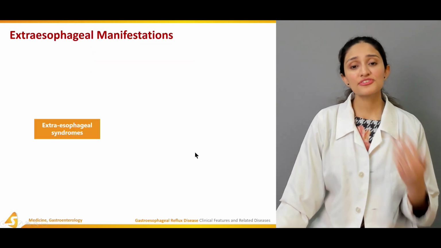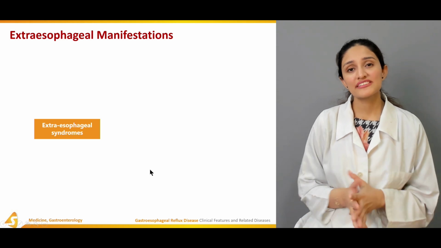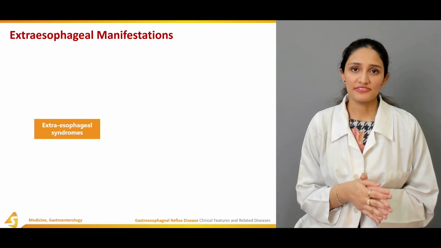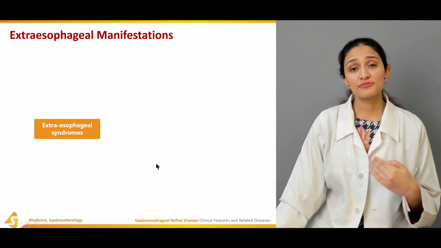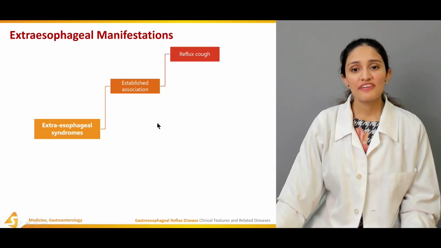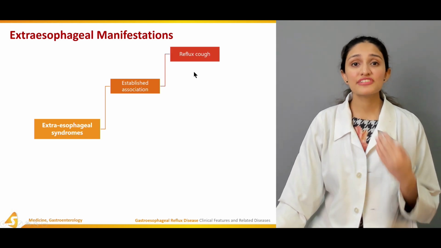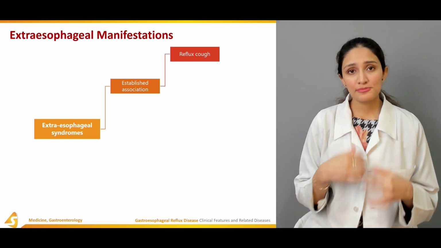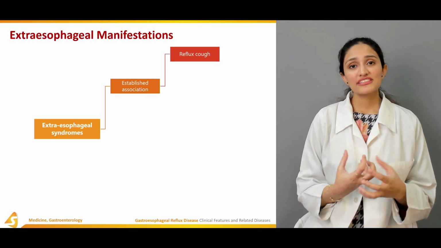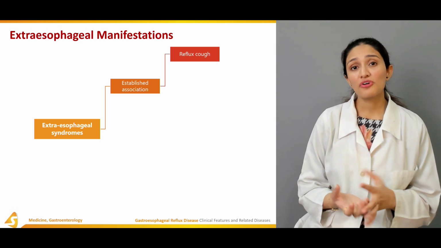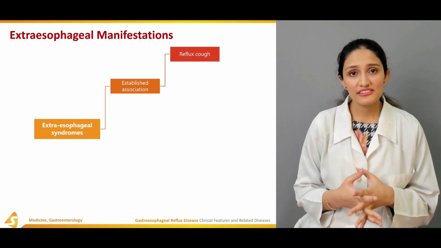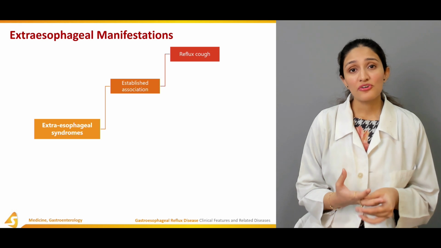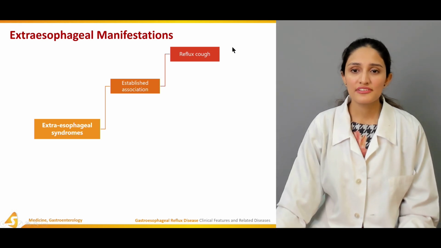So if we talk about the extra-esophageal syndrome, that means symptoms that are not purely related to the esophagus, symptoms that could involve other systems. An established association is reflux cough. Reflux cough could occur if the gastric contents are aspirated into the lungs, which causes bronchospasm, and it could also cause stimulation of a vasovagal reflex, which in turn may cause bronchoconstriction, which causes a cough.